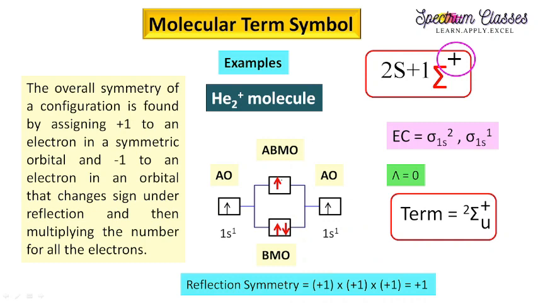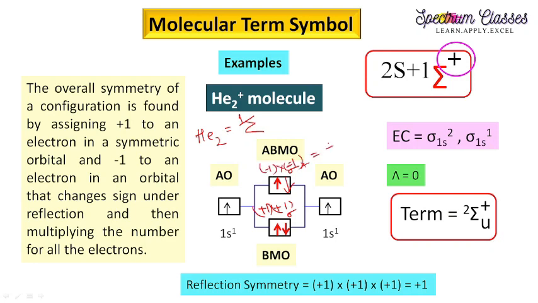Suppose I ask you to write down the electronic configuration for the helium 2 molecule. For the helium 2 molecule, we have one more electron. Now sigma will be the term because all the electrons are in sigma orbitals. This is sigma and sigma star. So sigma will be the term. All are paired, so one will be the spin multiplicity. What about the inversion symmetry? Inversion symmetry for this is plus 1 multiplied by plus 1, minus 1 multiplied by minus 1.